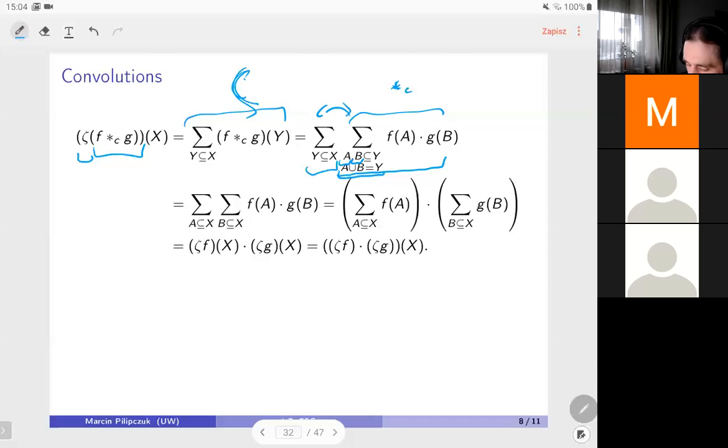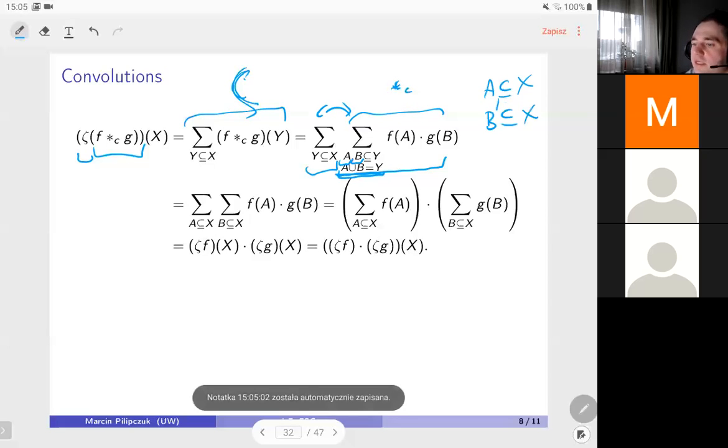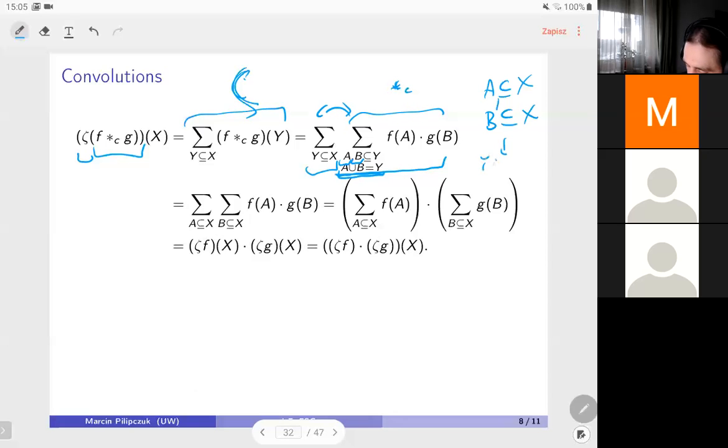Y is exactly the union of A and B. So if you choose any A inside X and any B inside X, then you know that Y is A union B. So you're summing over all A's, you're summing over all B's, and you know that Y is A union B, but you don't really care about this Y. This is just f of A times g of B.